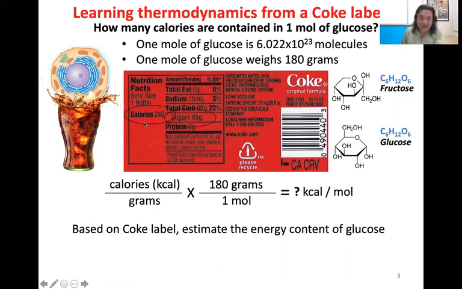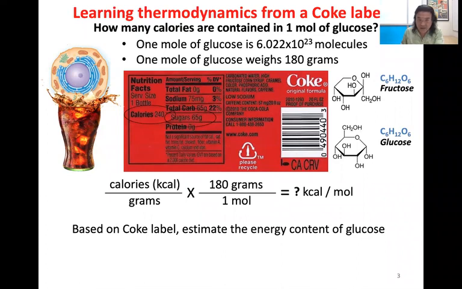The label says there are 240 calories with a capital C if you drink this one can of Coke. In this case, this is a 20 fluid ounce bottle of Coke, and that's all contained in 65 grams of sugar.